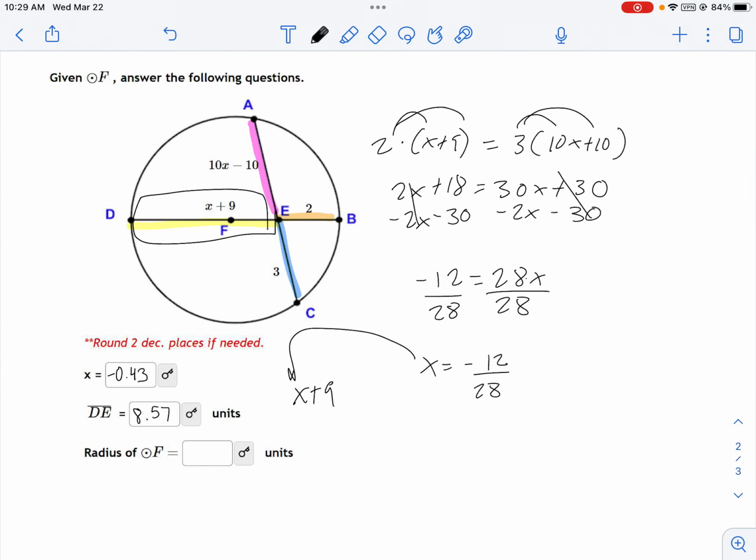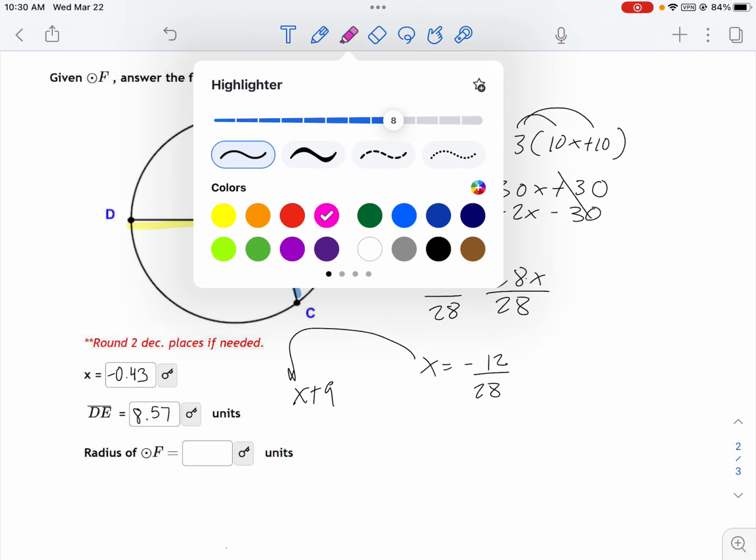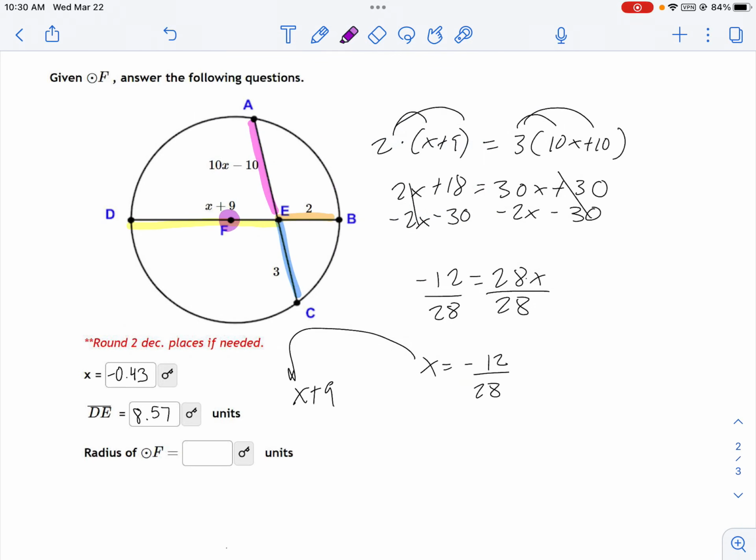And then the last one is kind of the interesting blank here, where it says the radius of circle F. Remember that dot with a circle around it? That literally just means a circle. So we're looking at the radius for the circle of F, and let's think about what a radius is. A radius is anything that goes from the center of the circle to the outside.